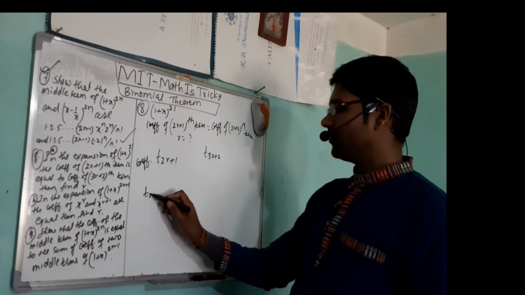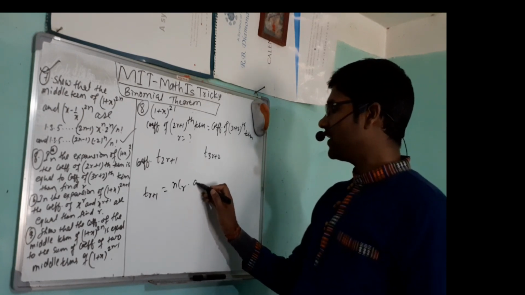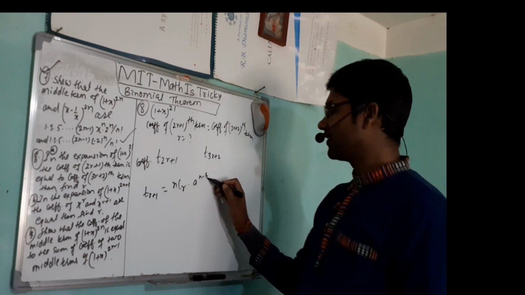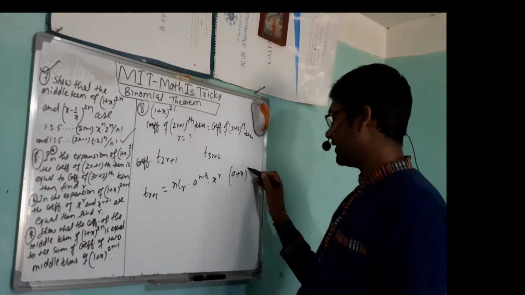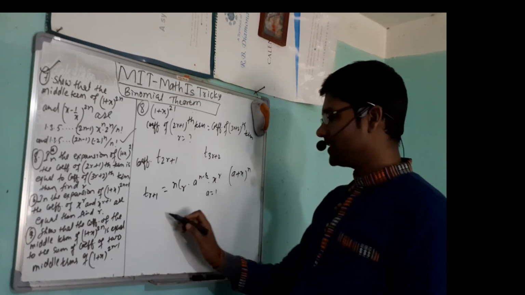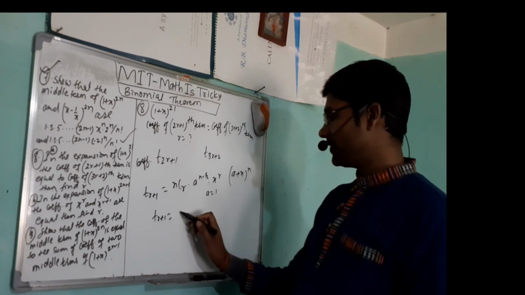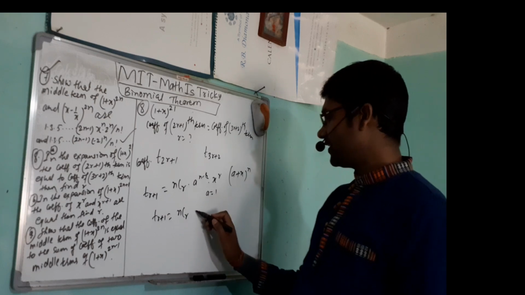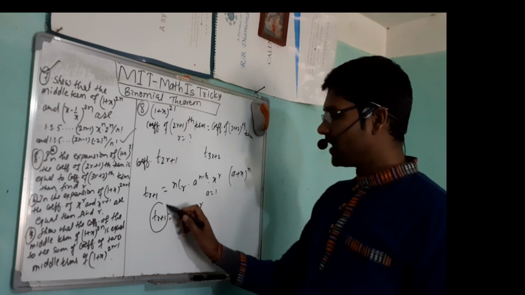Here we know that the general term is nCr a power n minus r and then x power r, for (a plus x) power n, isn't it? But here a equals 1, so the general term T r plus 1 will be simply nCr and then x power r. So what is the coefficient of T r plus 1?